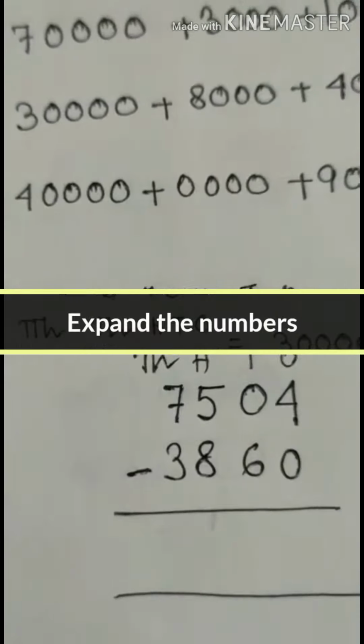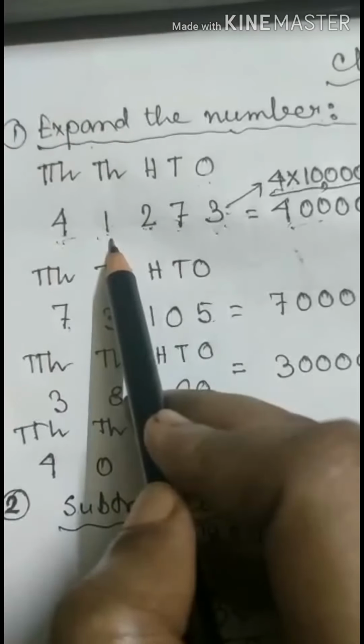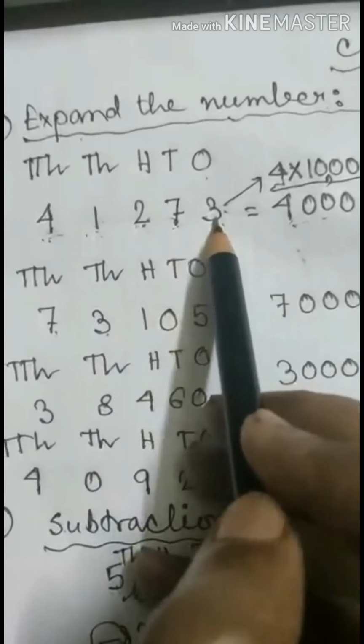Now we will learn how to expand a number. Here a number is already written. That is a 5-digit number, 41,273.